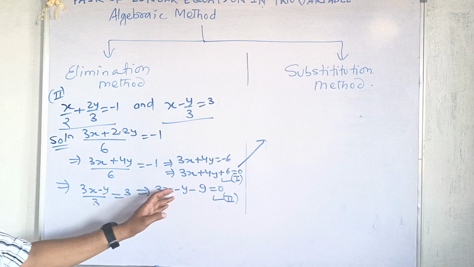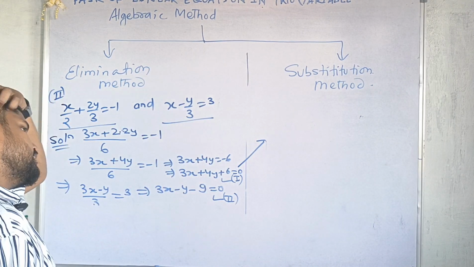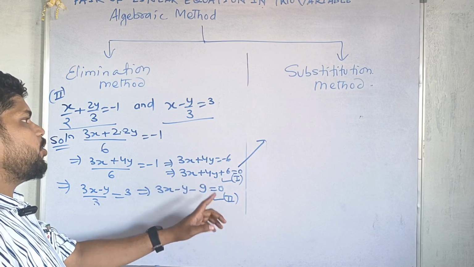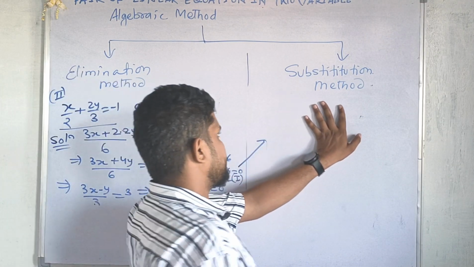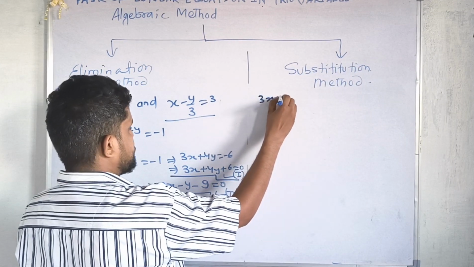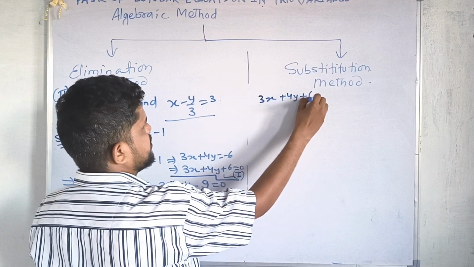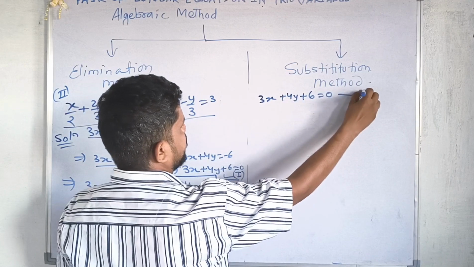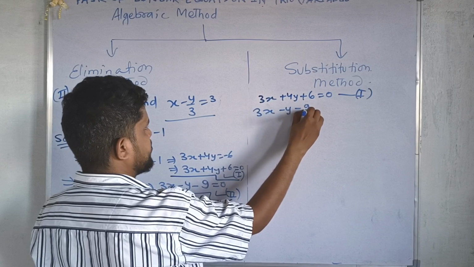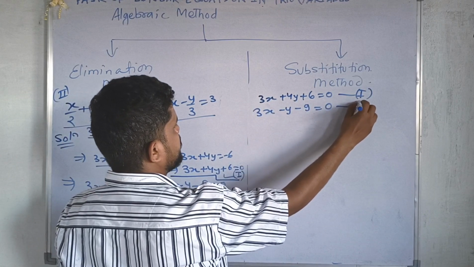This will help us during solving the value of x and y for the substitution method. So the first equation is 3x plus 4y plus 6 is equal to 0, and 3x minus y minus 9 is equal to 0.